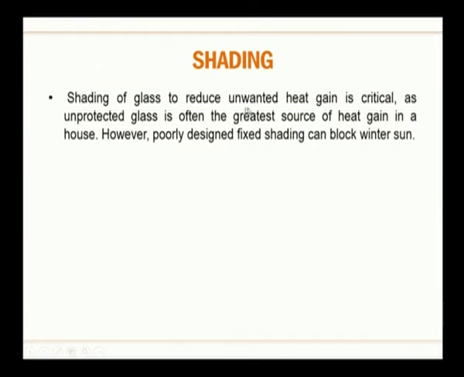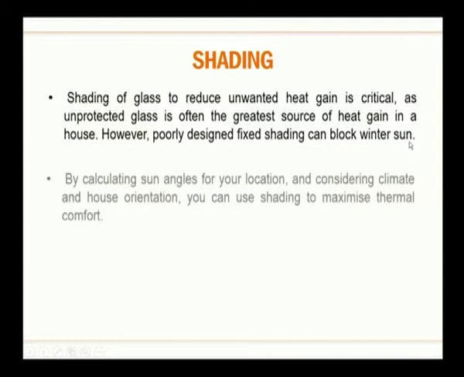Shading of glass to reduce unwanted heat gain is critical, as unprotected glass is often the greatest source of heat gain in a house. However, poorly designed fixed shading can block winter sun. So, again it is about seasonal and climatic variation, which has to be considered from schematic design development.